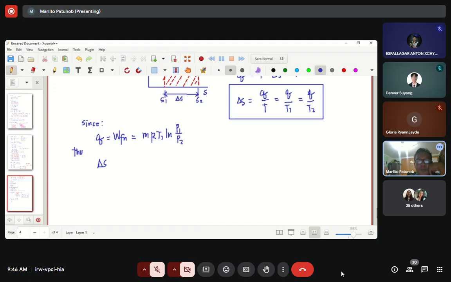Thus my delta S will be equivalent to Q, and Q is mR T1 ln P1 over P2, all over T1, right?